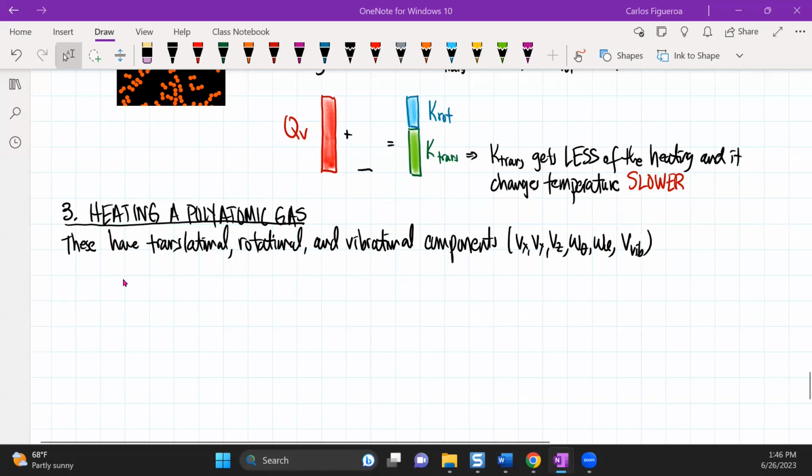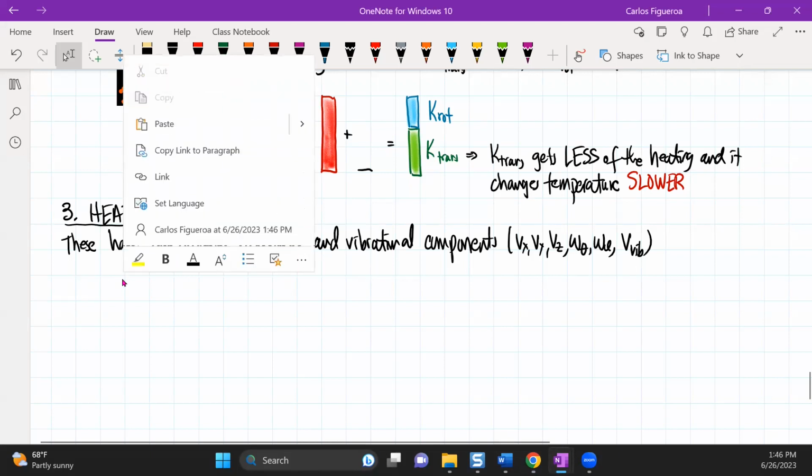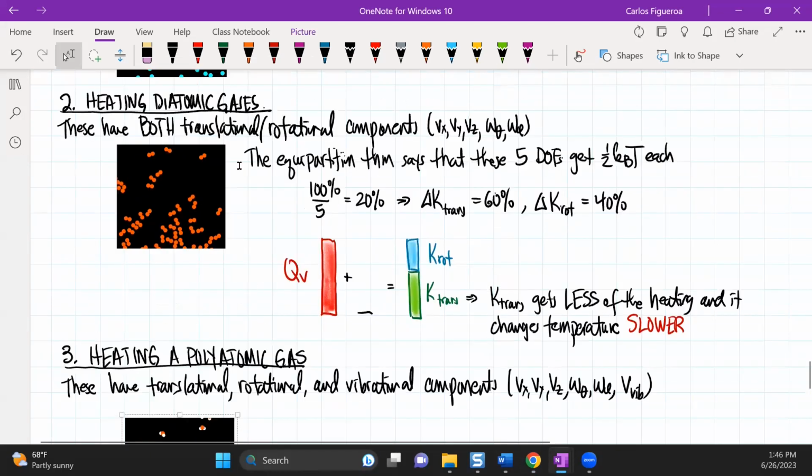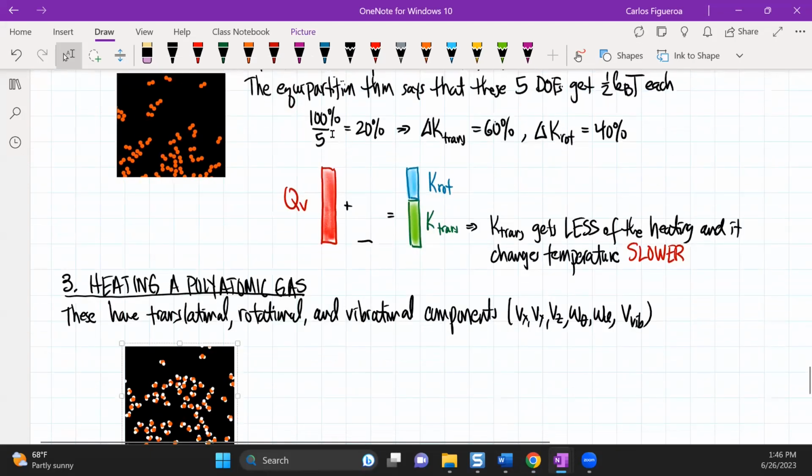So this is the image that I have. And so I'm going to follow the same thing here. What does the equipartition theorem say? It says here that I now have 6 degrees of freedom.